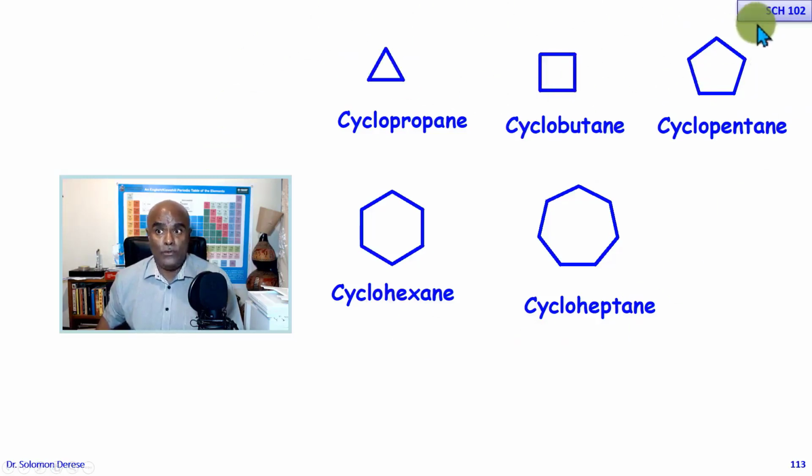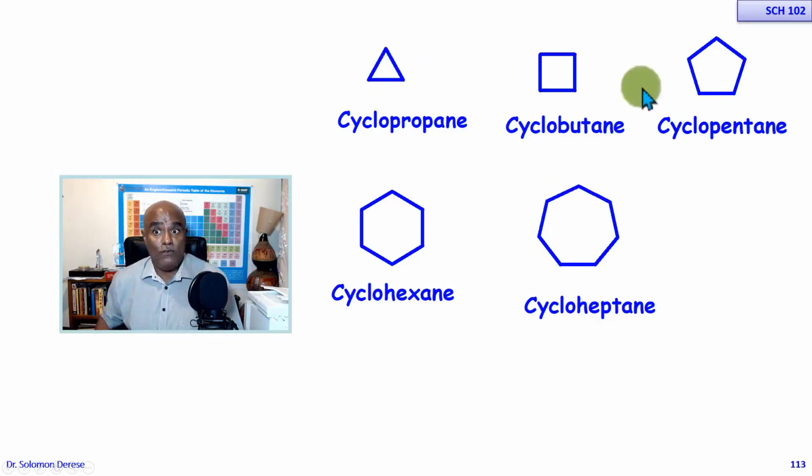If we assume these cycloalkanes to have the same shape as regular polygons, cyclopropane is an equilateral triangle, while cyclobutane is a square, cyclopentane is a regular pentagon, cyclohexane is a regular hexagon and cycloheptane is a regular heptagon.